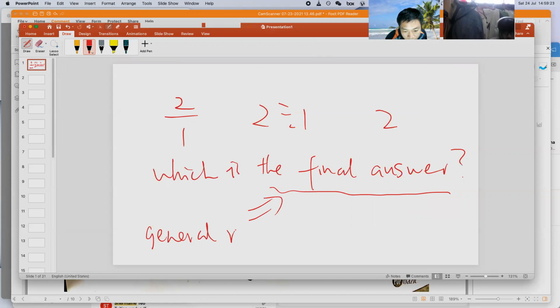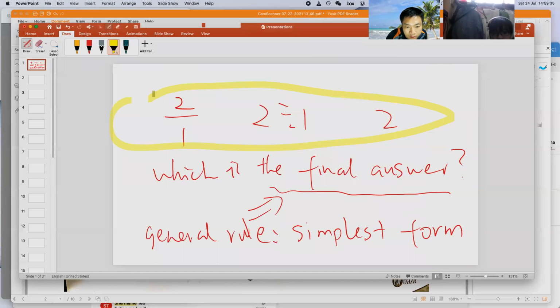The simplest. Yes. So the general rule is simplest form, right? Among these three, which one is simplest? It is 2.